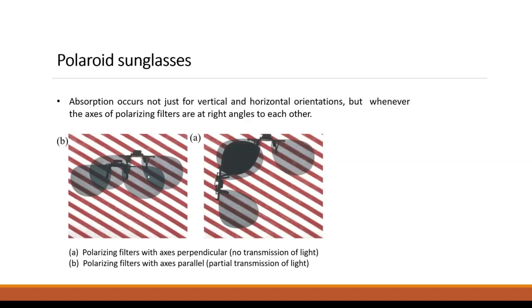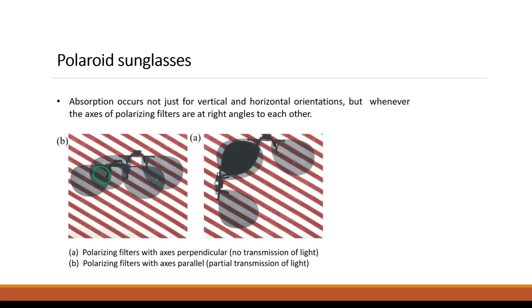So absorption doesn't just occur because of vertical and horizontal orientations, but because they are perpendicular, at right angles to each other. So any polarizing filters with axes that are at right angles to each other will give you the same effect. If you notice here in B, you have polarizing filters with axes parallel, so we have some partial transmission of light.